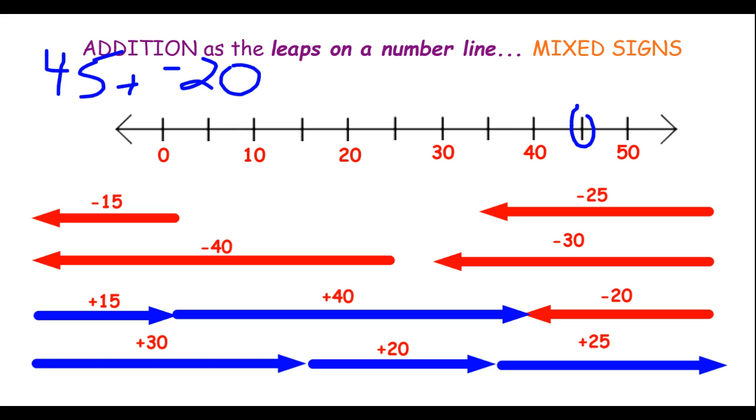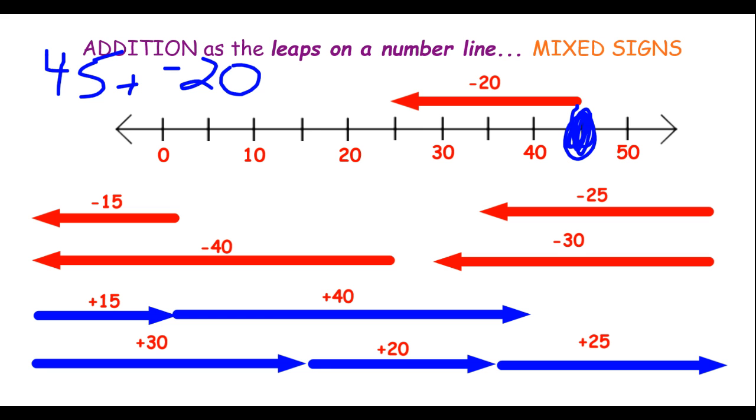Now 45 starts out right here. And if we're going to add a negative 20 to it, that means we're going to move 20 to the left on the number line. So we're actually getting closer to 0 because 45 is motion to the right and negative 20 is motion to the left. So some of that motion is going to cancel itself out and it's going to keep it in a tighter, closer ball around 0.